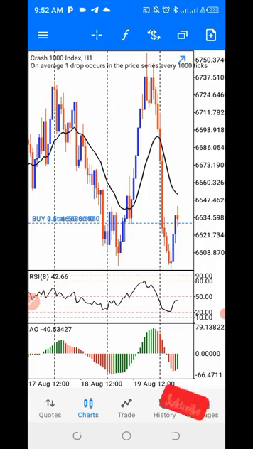Look at this, this is our daily. This was yesterday's low. Can you see what we have? You can see that they just took it out by like 2 or 3 pips.